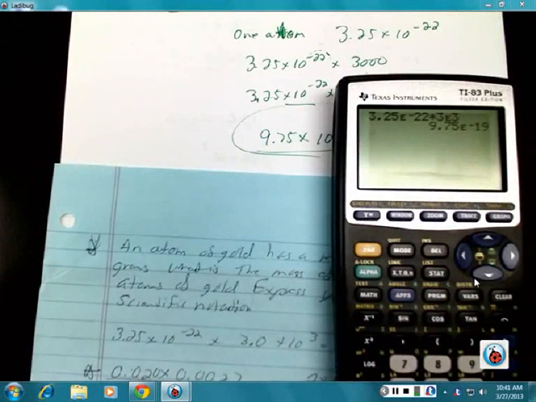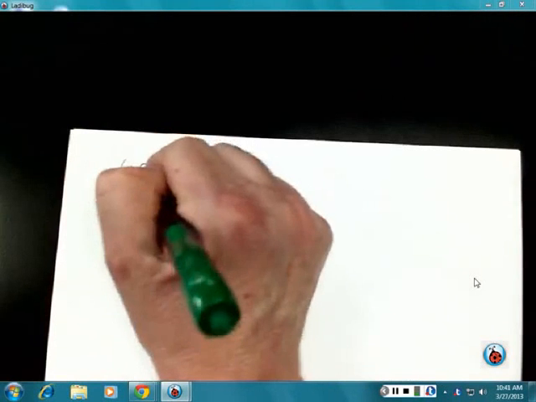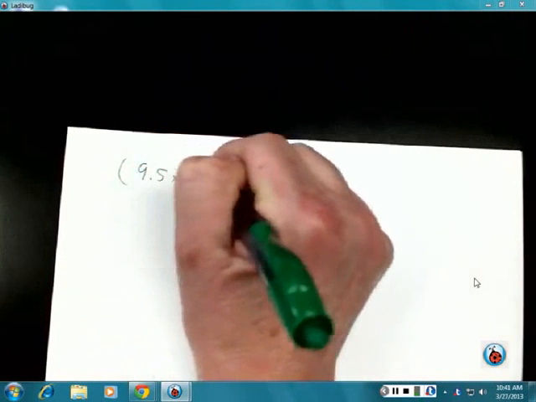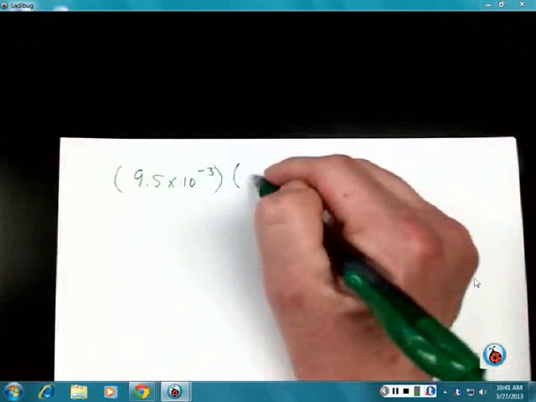Okay, I've got a great one for you, Marcel. Parentheses, 5 times 10 to the negative third. And then outside of the parentheses times 552.